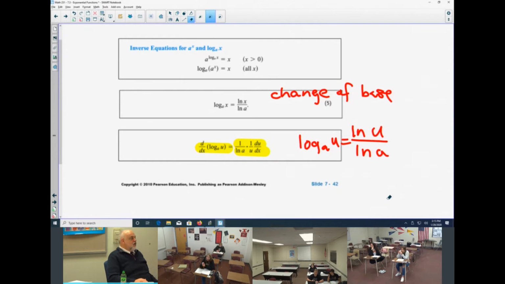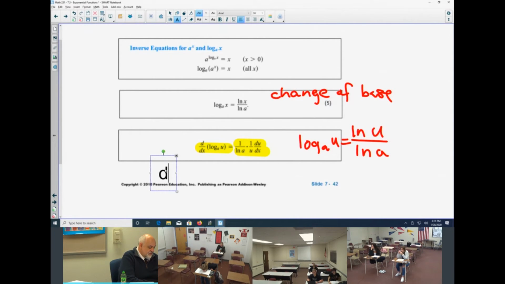Okay, so if I applied the derivative of the natural log of x, so the natural log is log base e.